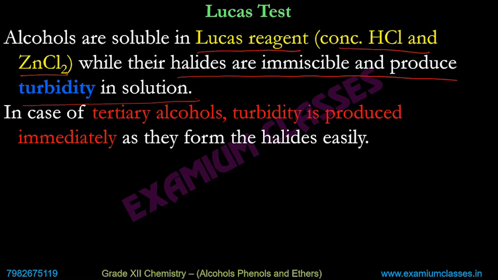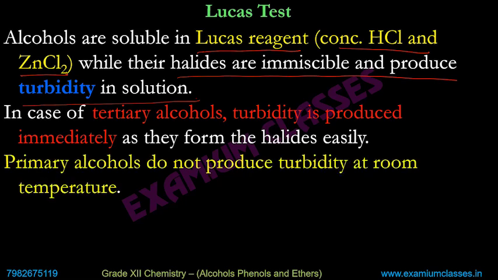So this we use to distinguish primary, secondary, and tertiary alcohols. Primary alcohols do not produce turbidity at room temperature. It means if it is a primary alcohol, we will not get turbidity. Turbidity means the white colored cloudiness within the solution.